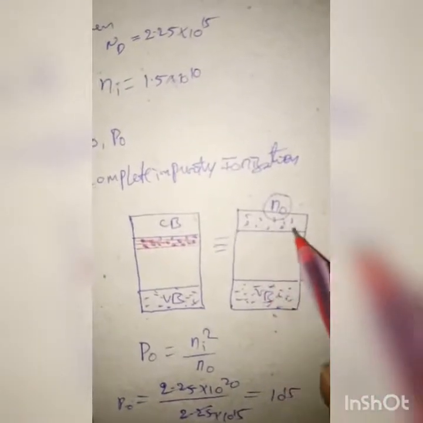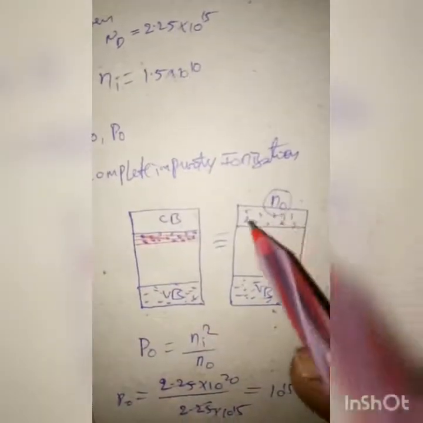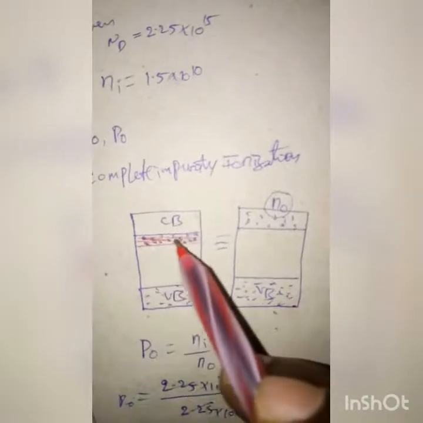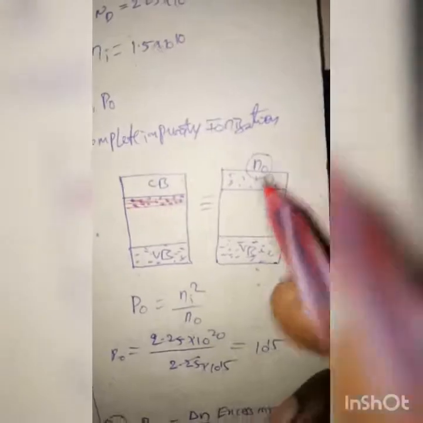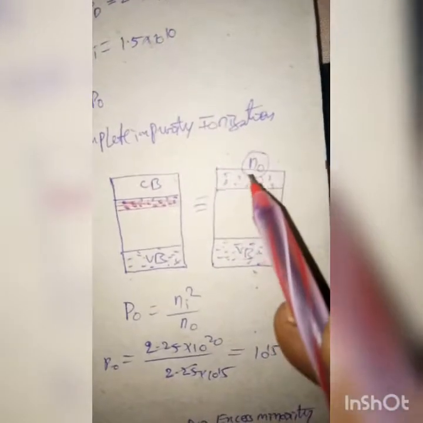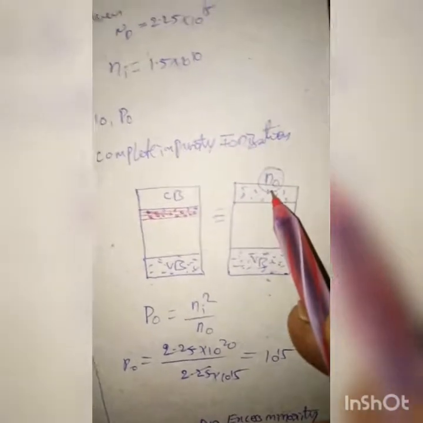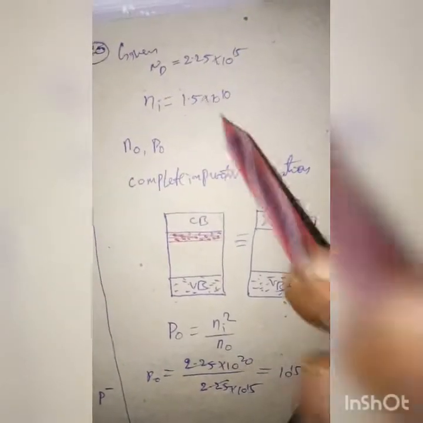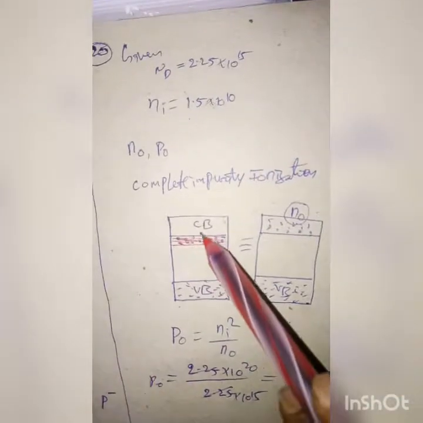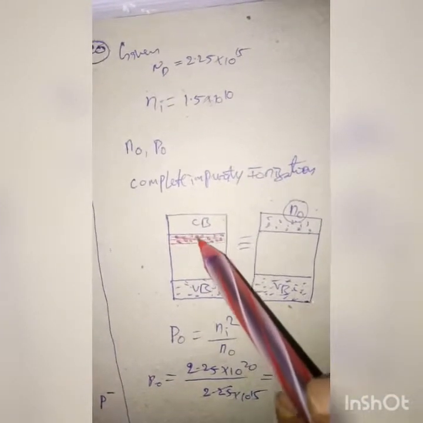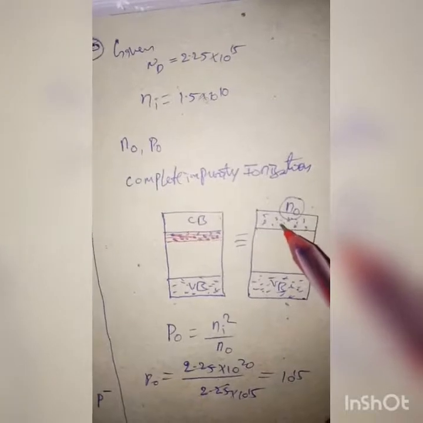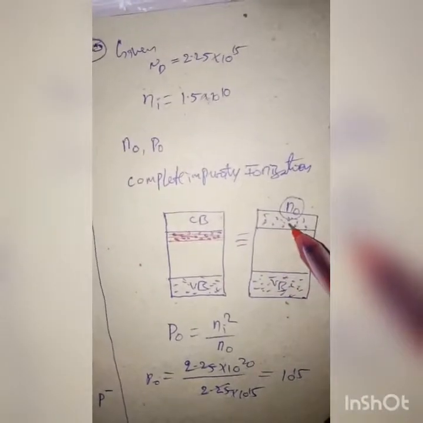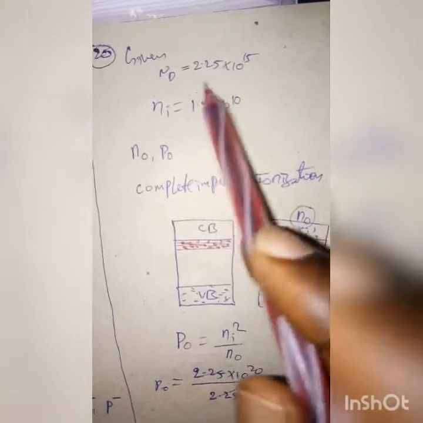This is the completely ionized state. So at that state, what is the number of electrons? It is equal to Nd, so 2.25. Here all the electrons you are doping enter the conduction band only, so Nd is equal to N0. So this is N0.